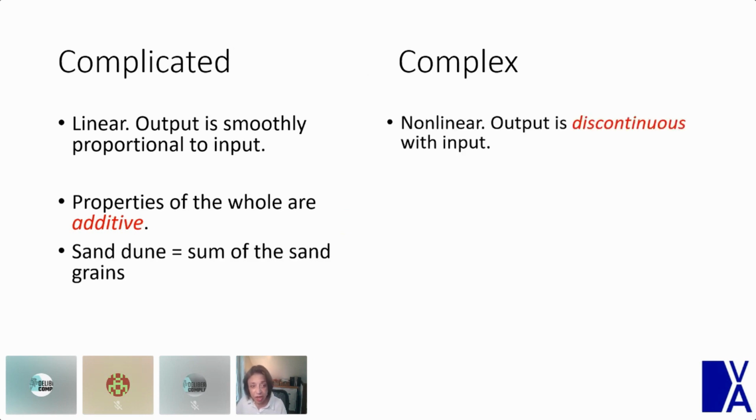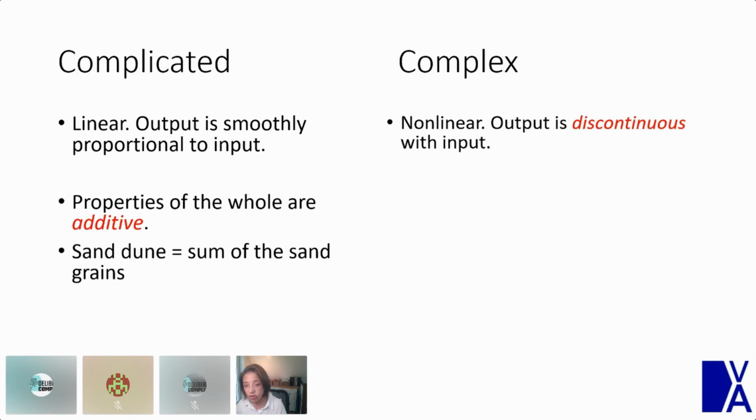But in the case of complex systems, you have a nonlinear phenomenon where the output is discontinuous with the input. And if I may give examples, I think, for example, of a situation where elements synchronize.